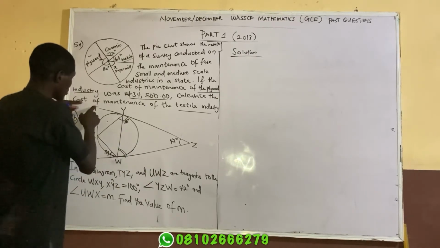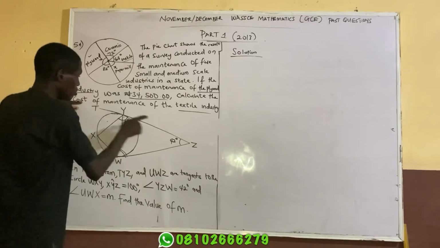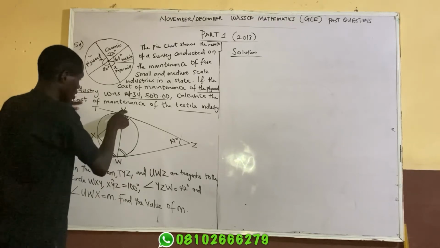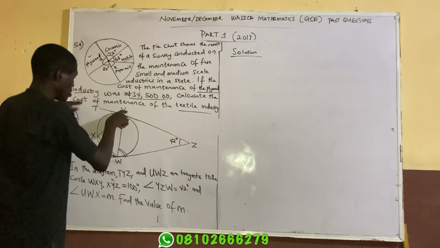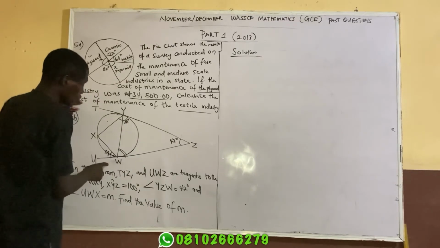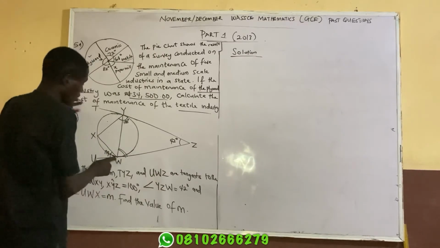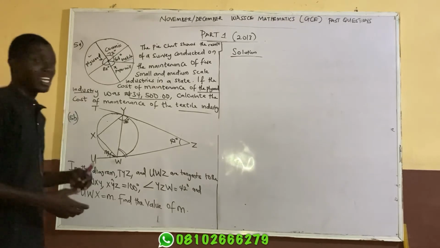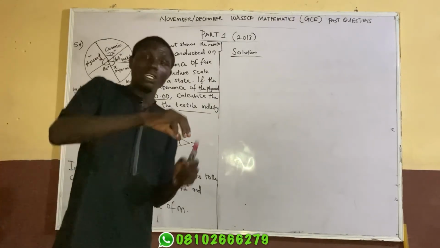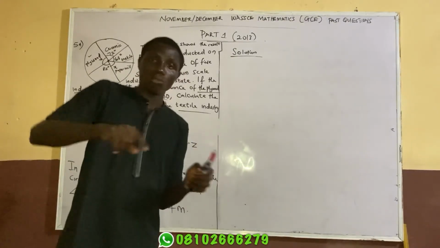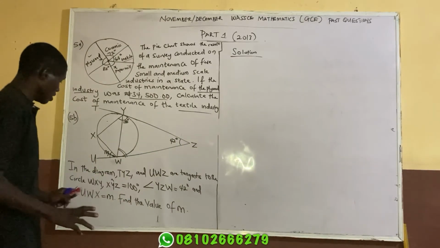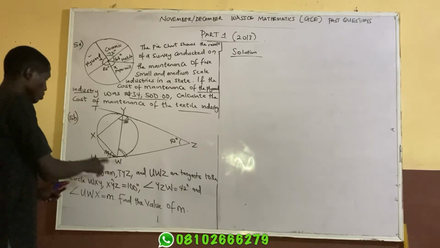Line TYZ touches the circle at point Y, and line UWZ touches the circle at point W. So these lines are called tangents. A tangent is a line that touches the outside part of the circle at a given point. So these are tangents to circle WXY.